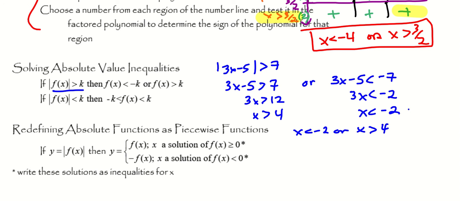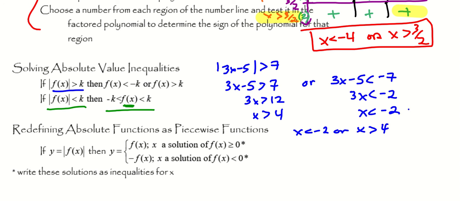Now let's look at an example where the absolute value can be less than 4. If the absolute value is less than 4, then whatever's inside your absolute value must be closer to the origin than whatever k is, closer to 0, so it must be in between the positive and the negative. So here's my example there.